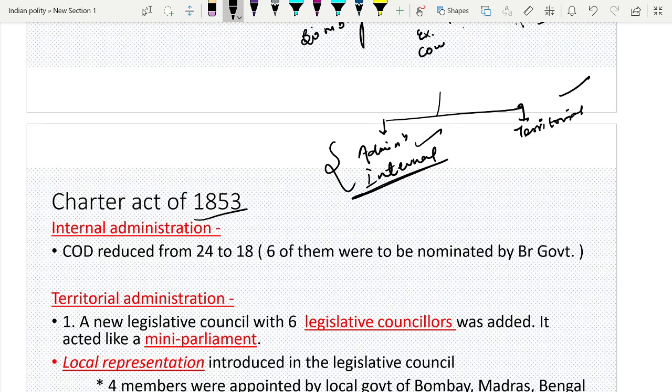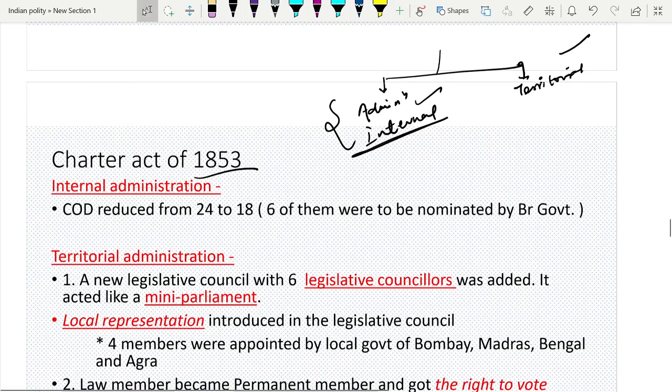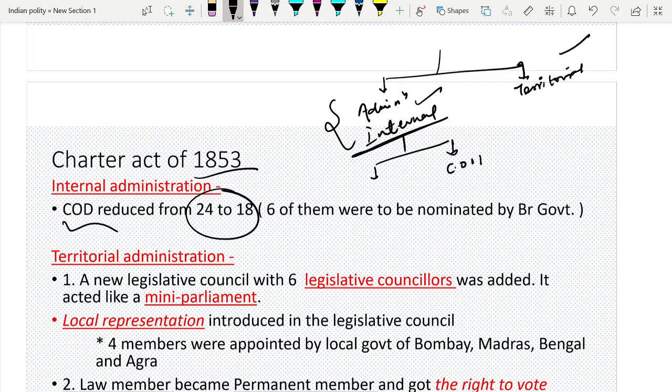In this Act of 1853, what happened here was that the Court of Directors was reduced from 24 to 18. First we'll recap here. In internal administration there were 2 bodies. One was the Court of Directors, to be appointed by the EIC members itself, and they were 24 in number.